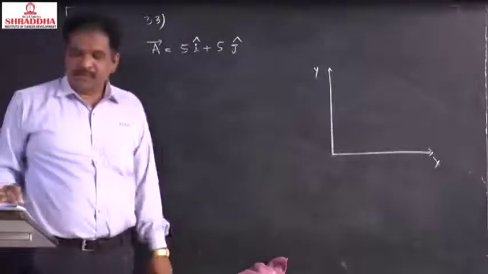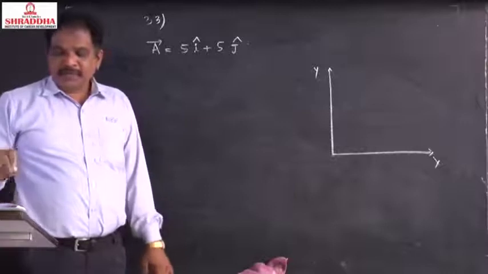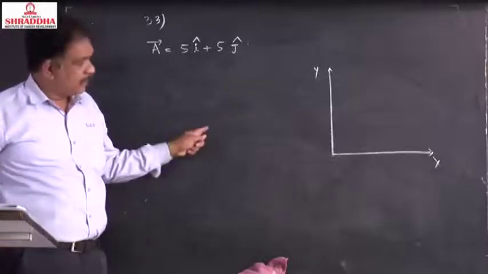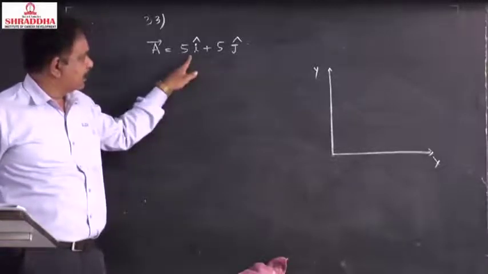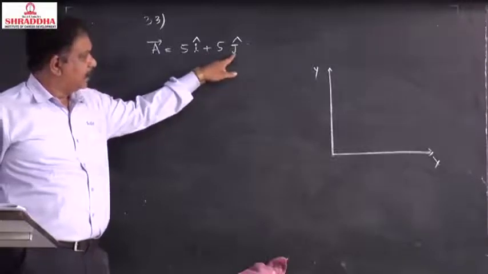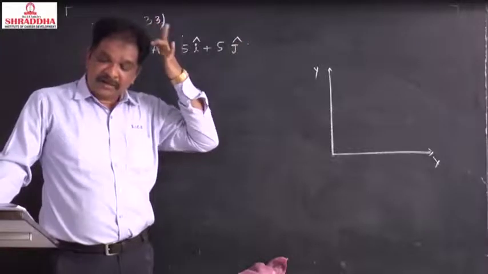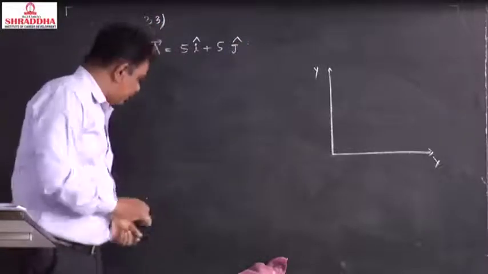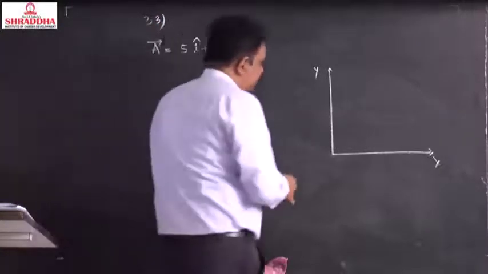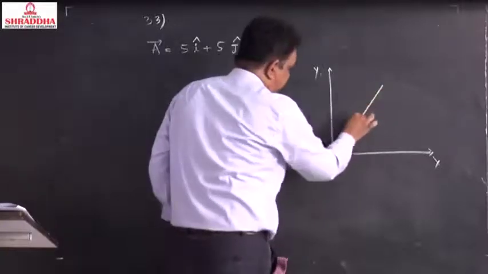Its velocity components along the length means along the x-axis, along the breadth means along the y-axis. The vector is like this.